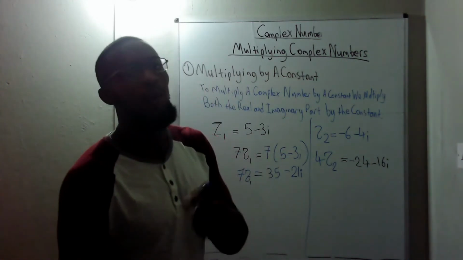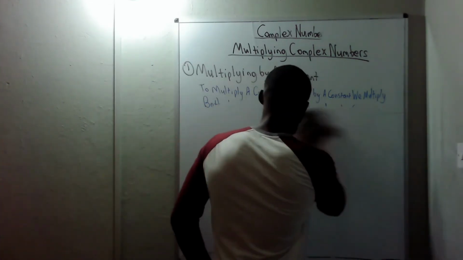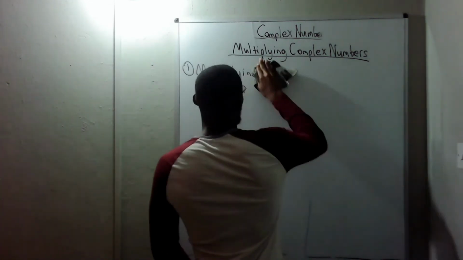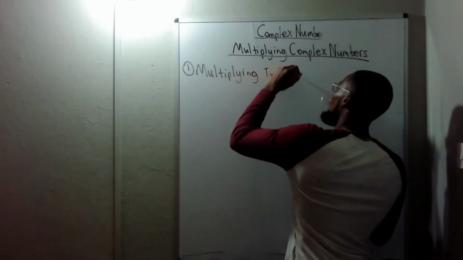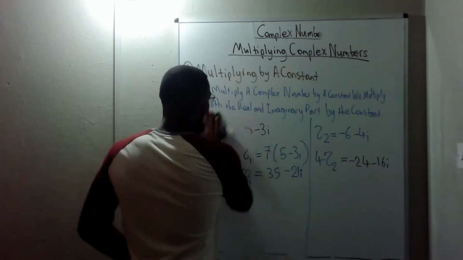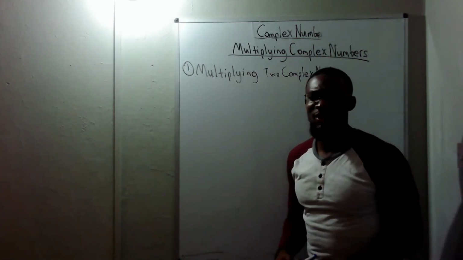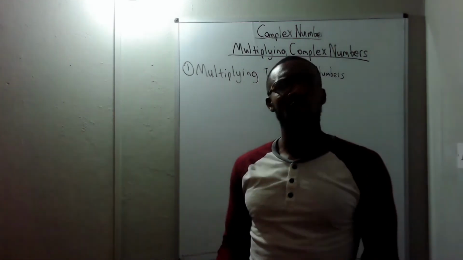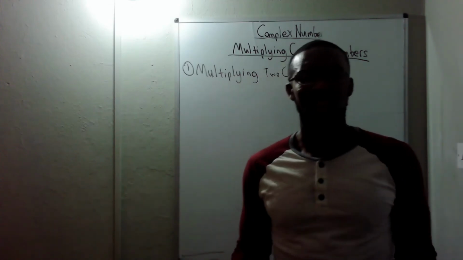Now how do we go about multiplying two complex numbers now? Now this is where it gets nice, multiplying two complex numbers. Now to multiply two complex numbers, we're pretty much going to do just regular expansion.